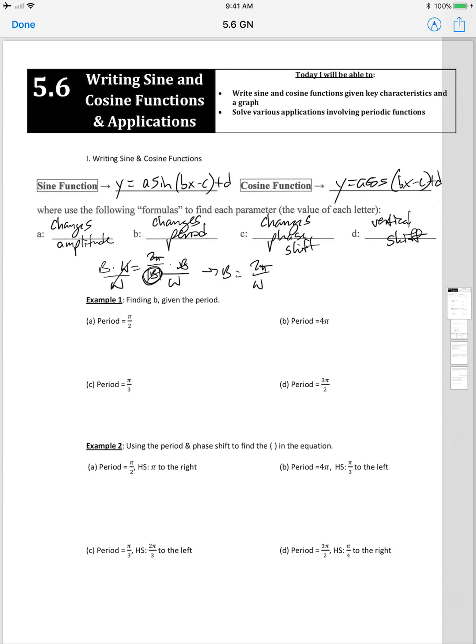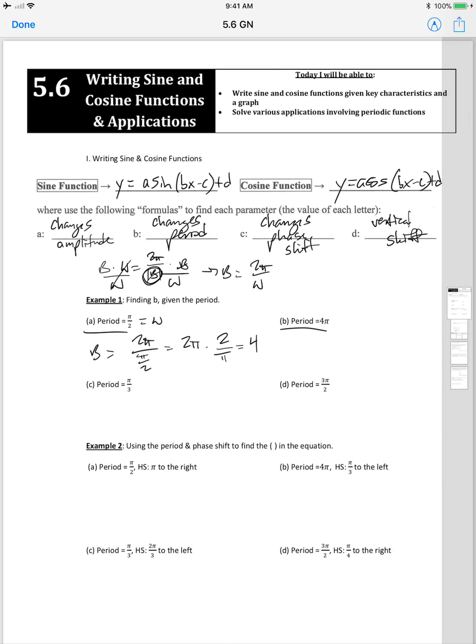Because in our first example, letter A, we are going to take our period, which we are given is pi over 2, and then find B, which is 2 pi over the period. Dividing by a fraction is the same as multiplying by the reciprocal, so my B value is 4.